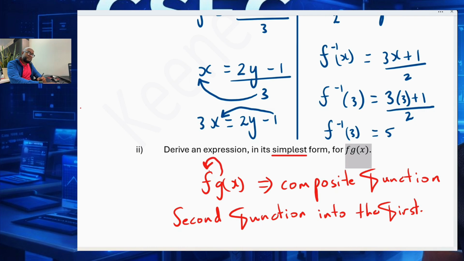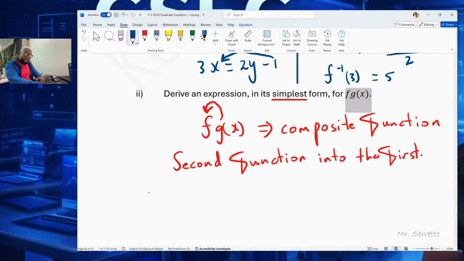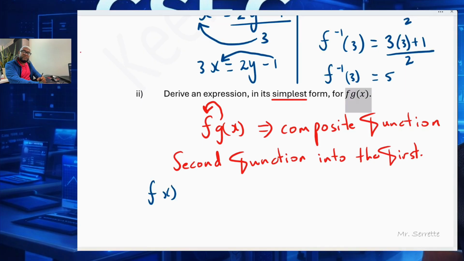I want to do this as structured as possible. So f of x was 2x over 3, and g of x was 5 minus x squared.